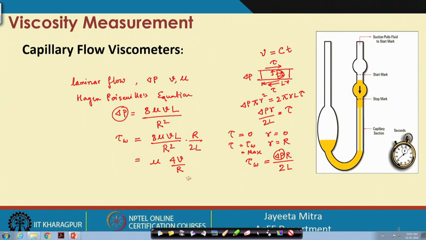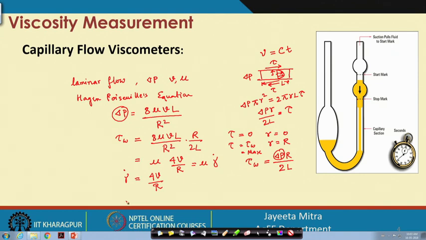This can be further represented as mu into gamma dot, where we know that gamma dot is shear rate. Therefore, gamma dot is nothing but 4 into V by R, where V is the velocity of the liquid inside the capillary tube and mu is the dynamic viscosity of the liquid in Pascal second.